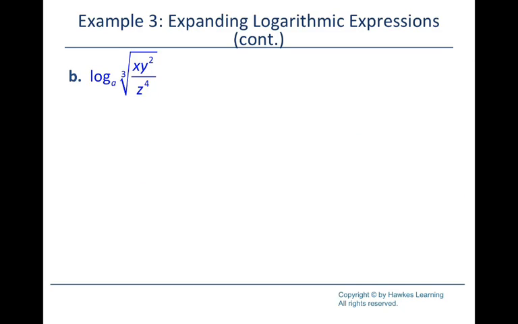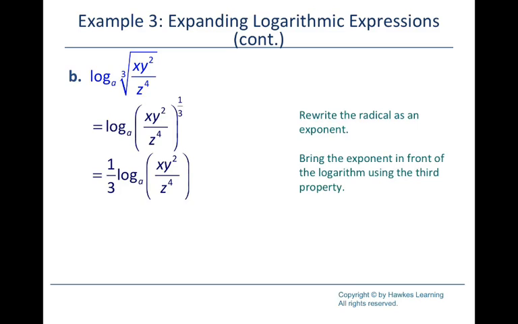All right, now for this one, we've got all of this as a cube root of everything. So I would rewrite that as xy squared over z to the 4th, to the 1/3 power. Or you could write the third power of the numerator, third power of the denominator. They wrote it all as 1. Now, you're going to bring the 1/3 in front, log base a of everything, the xy squared over z to the 4th.